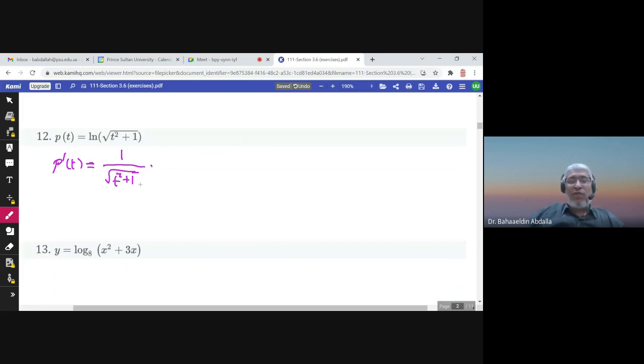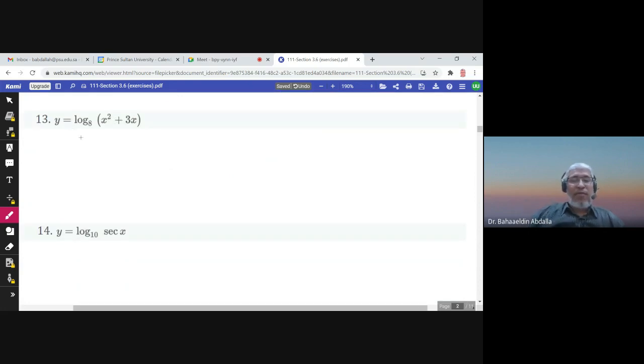The derivative of the square root is 1 over 2 times the square root times the derivative of t squared plus 1, which is 2t. This 2 cancels with this 2, and I'll have t in the numerator. And if I multiply these two roots, I get rid of the root, and this would be the final answer.